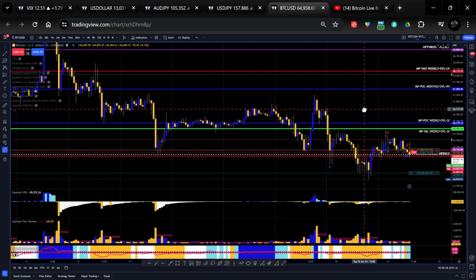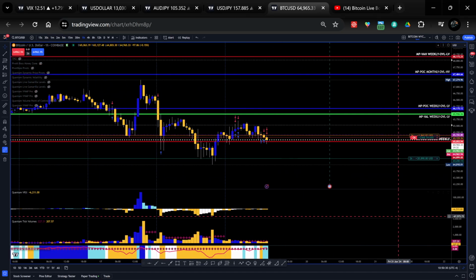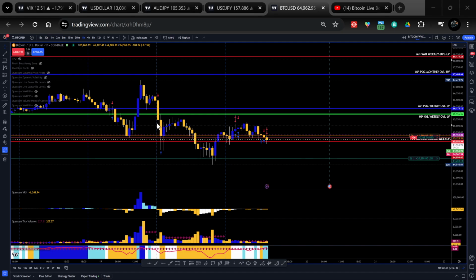So looking at market structure here, we had this breakdown of value area low, came down here, right, to almost current price. We had a pop back up, looking like the buyers are taking control again.